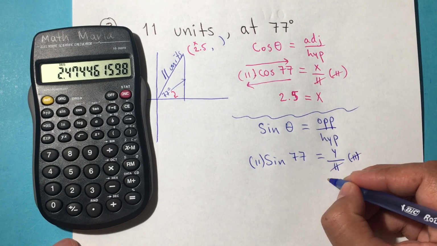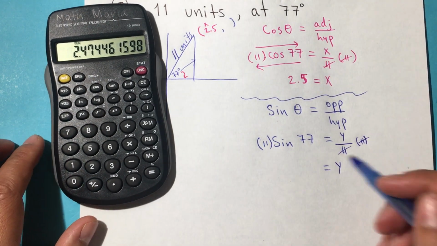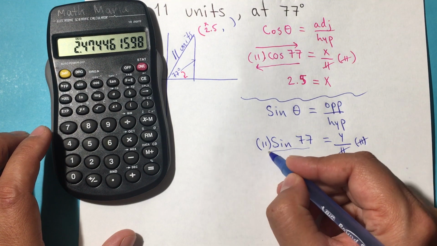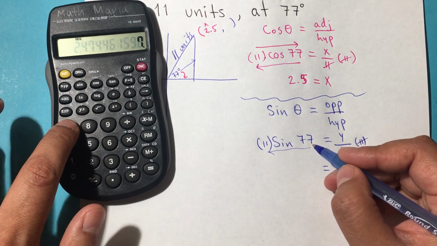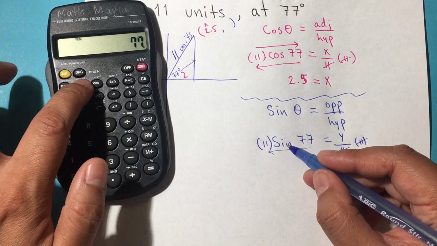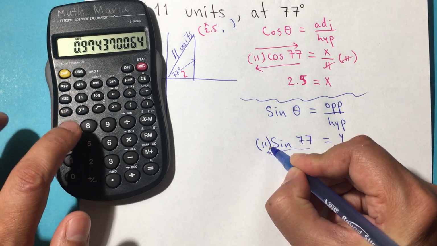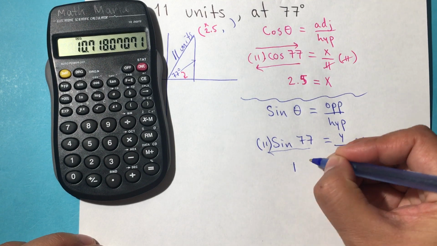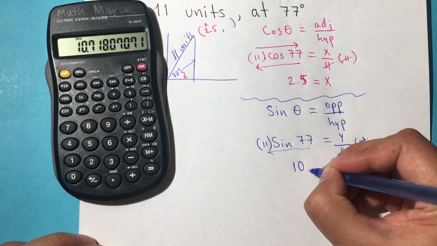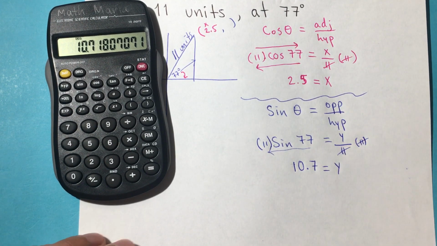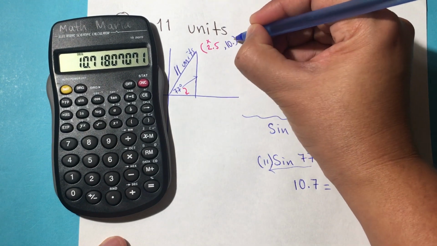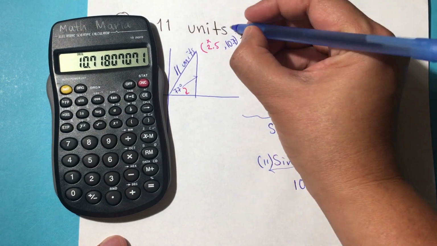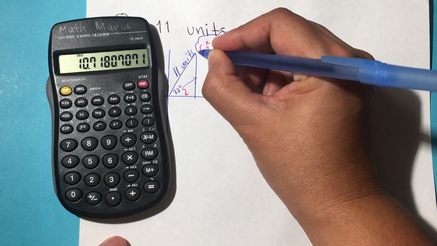This cancels and y is equal to, again, you go backwards on this calculator, so 77 sine times 11 equal. So the y value is 10.7. 10.7, and we're done with this coordinate.